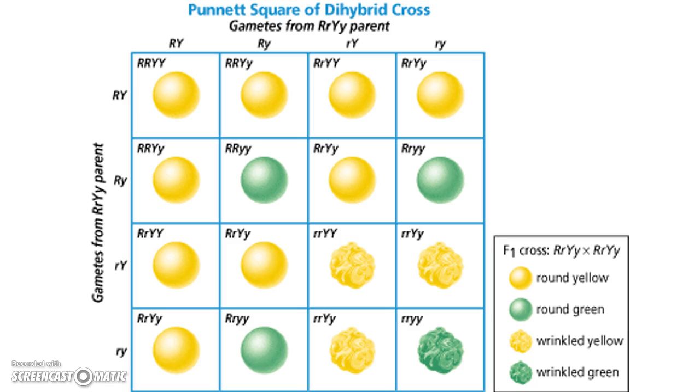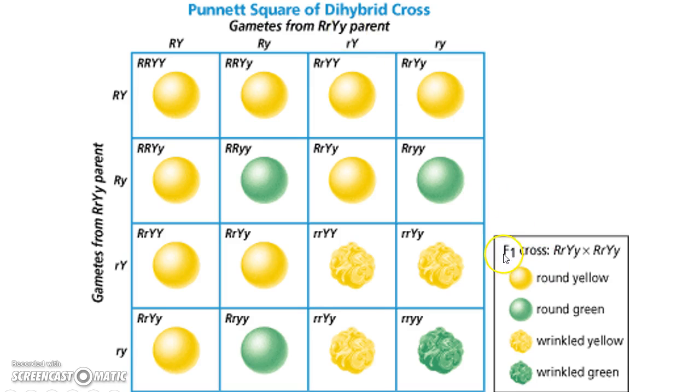All right, so when we have two plants that have heterozygous genes, remember hetero means different. So if I'm looking up here, I have big R, big Y, little y.